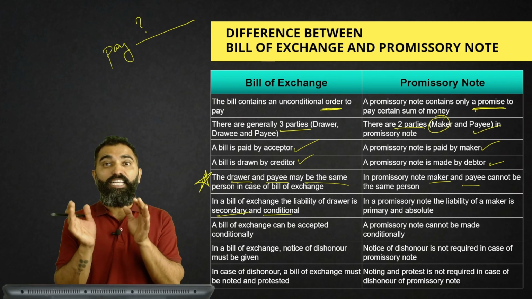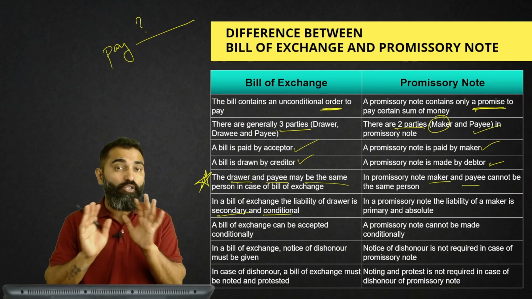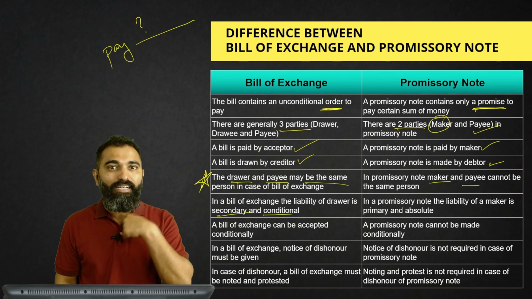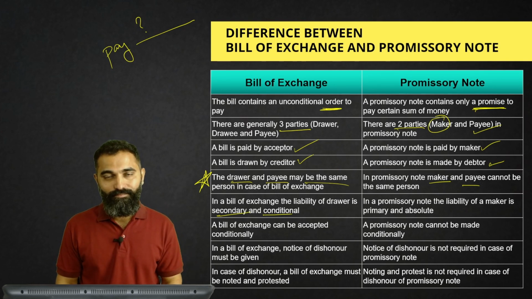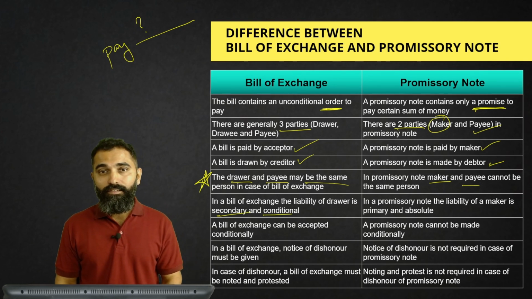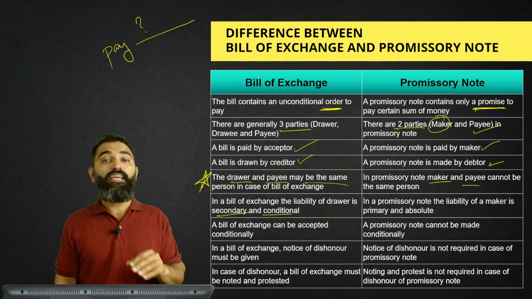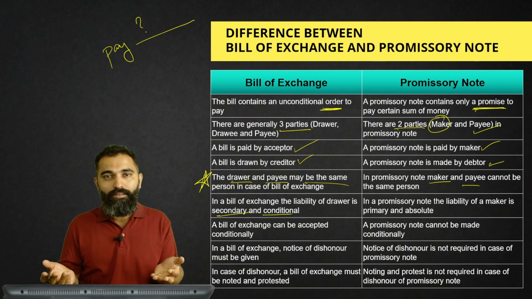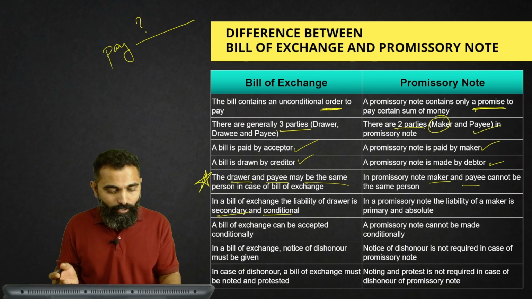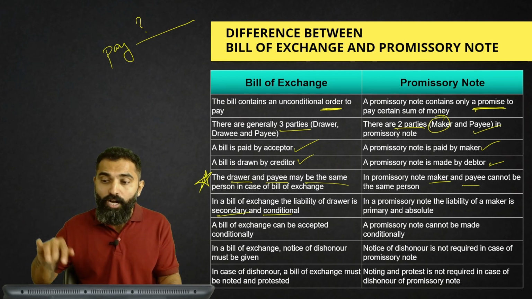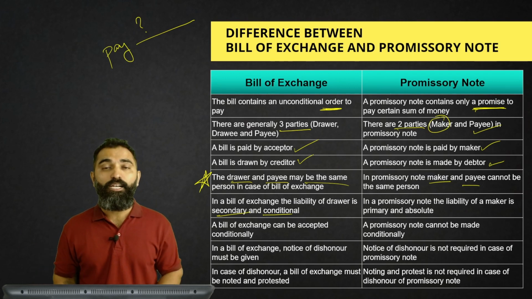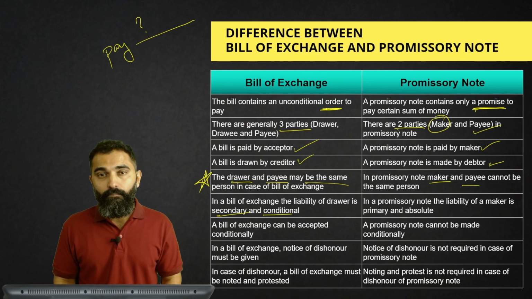If Aditya dishonors the bill, if Aditya does not pay the money, then the bank will take the money from me. Right? So my liability is conditional. It is secondary. It may or may not happen. I hope the point is clear. If the drawee does not pay, then I may need to pay. Clear?